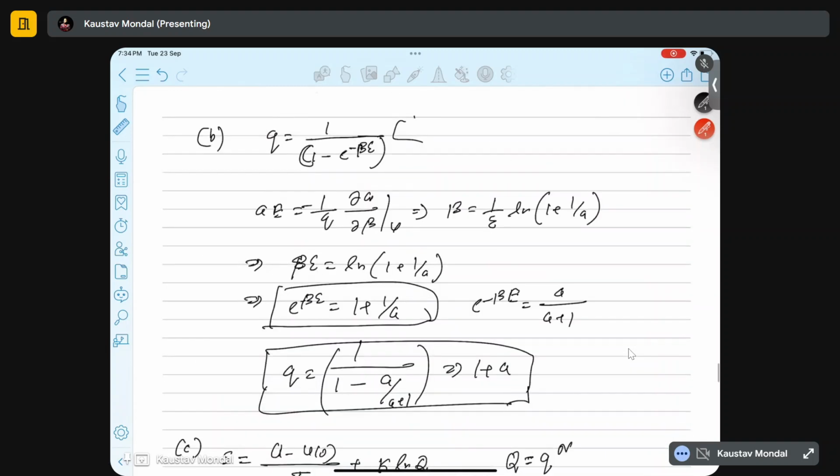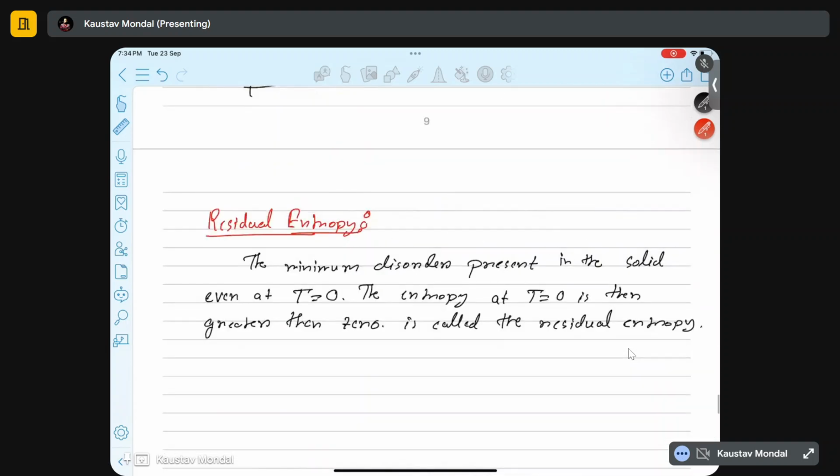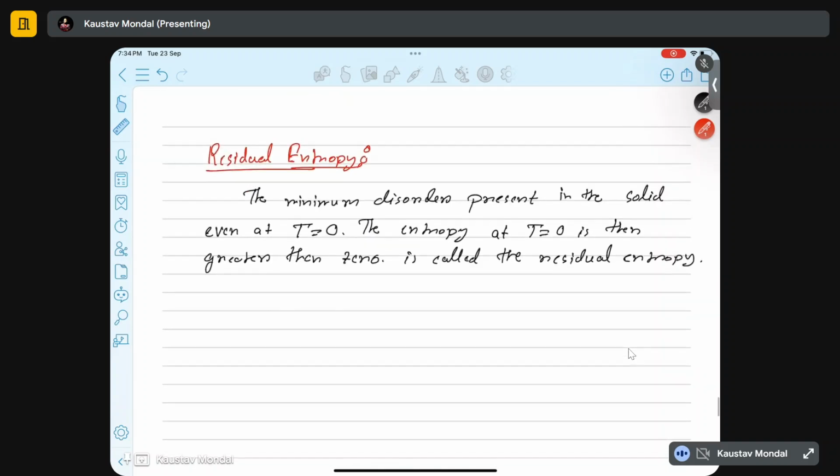Okay, yeah. So this is basically the formal definition of residual entropy.